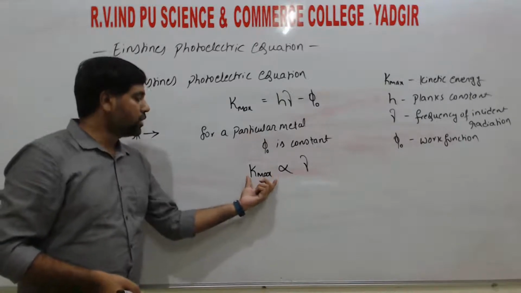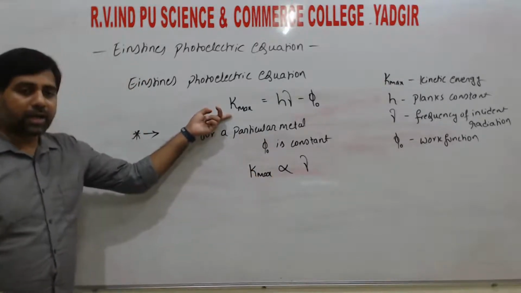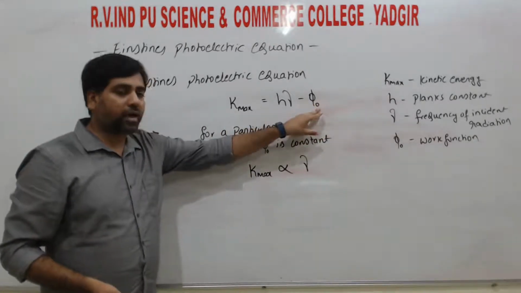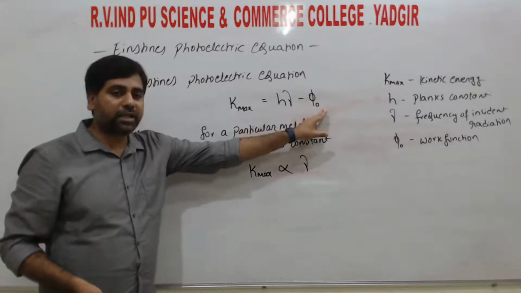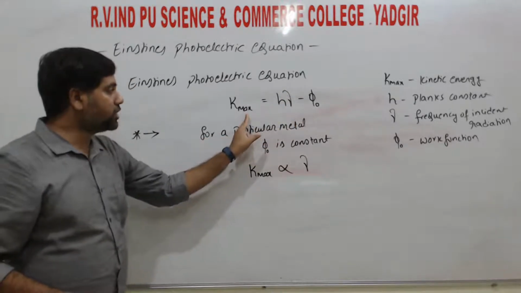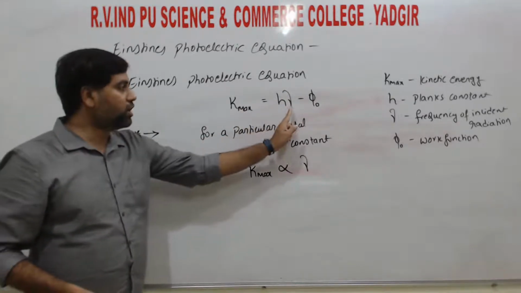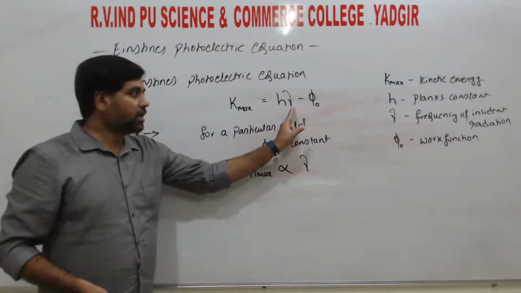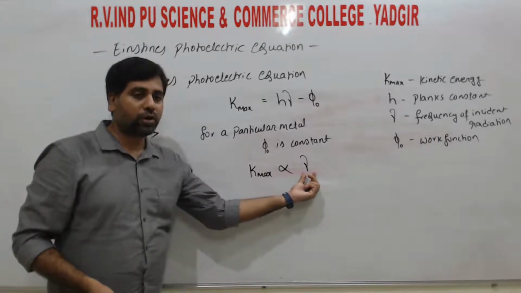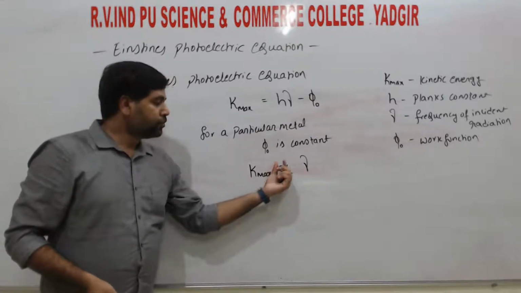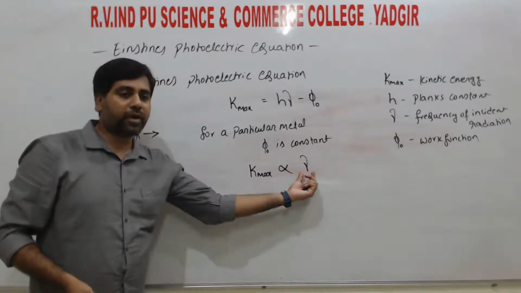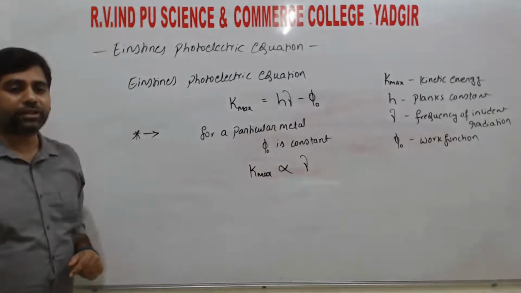So the first point is the observations of the photoelectric equation. According to this, phi naught value is constant for a given metal, right? Each metal has its own phi naught value, so phi naught is constant, h is constant. Then kinetic energy of the electrons depends only on the frequency of the incident radiation, so that can be written as K max is proportional to nu, that is K max varies linearly with the frequency of the incident radiation, right?